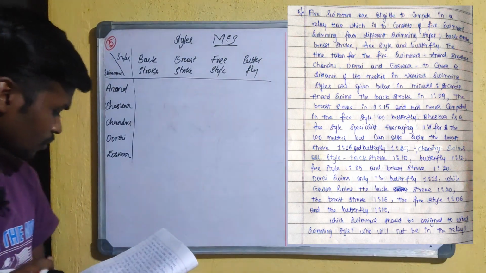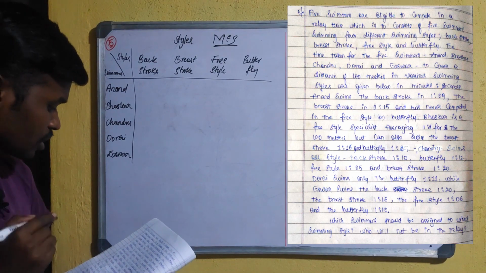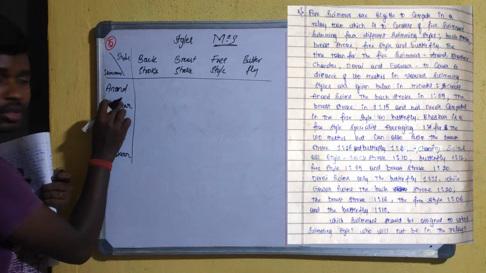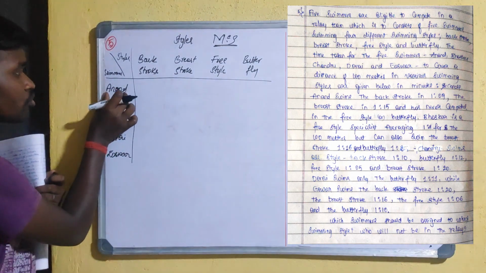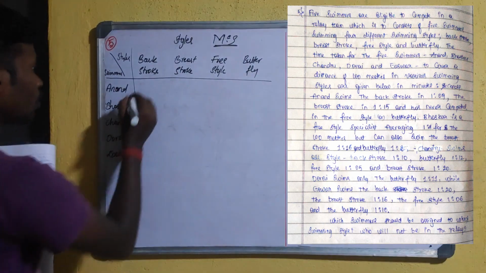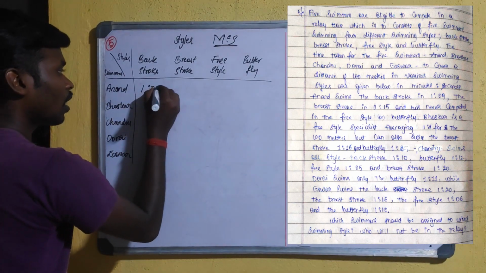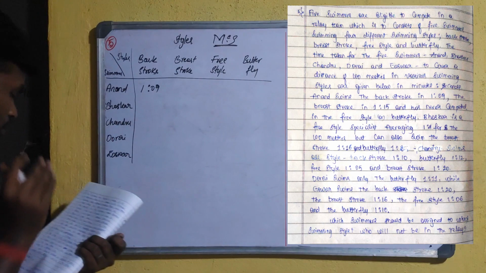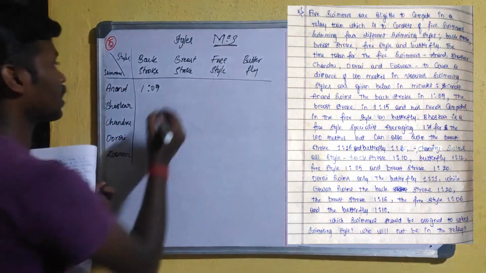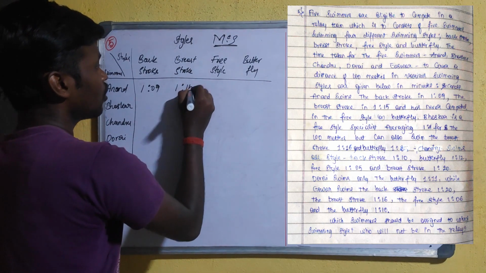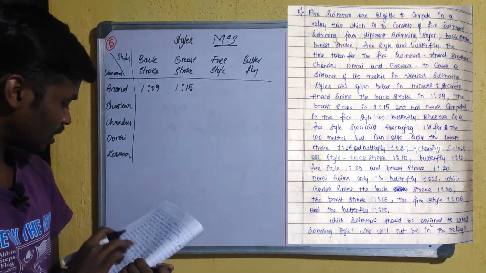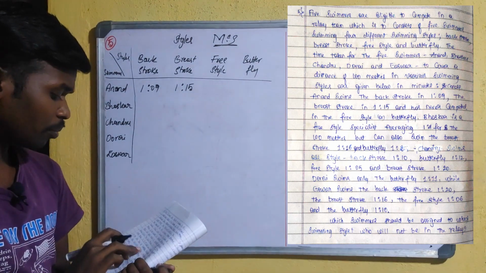Keep it in mind. See, Anand swims the backstroke in 1 minute 9 seconds, and the breaststroke in 1 minute 15 seconds, and has never competed in the freestyle or butterfly.